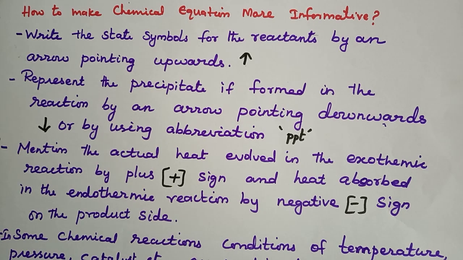Now everything is there, but we have to add more information. How can we make the chemical equation more informative? With the help of an arrow pointing upwards or downwards, PPT meaning precipitate, or a plus sign inside the products.